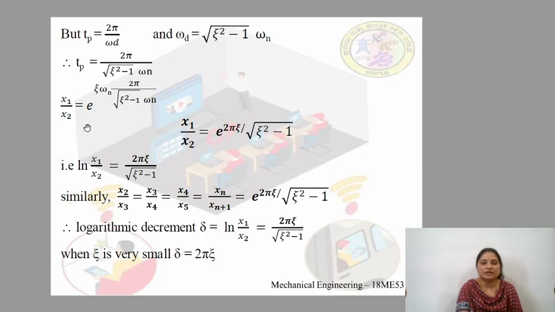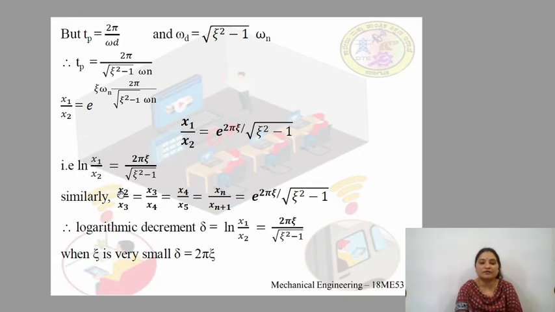Therefore, taking the natural log, we can write that natural log of x1 by x2 equals 2 pi zeta divided by square root of 1 minus zeta square. This is for the first two amplitudes that are taken successively.